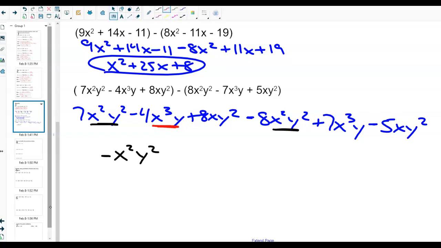X cubed y, x cubed y. Negative 4 and 7, positive 3, x cubed y. Xy squared, xy squared. 8 and negative 5 is 3. And that's my answer.